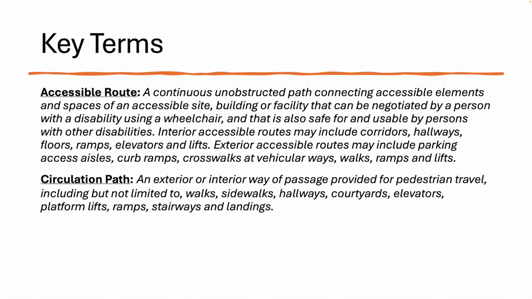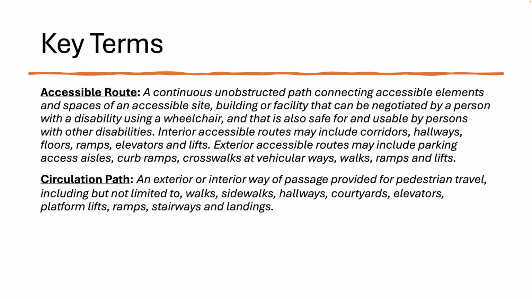The first major key term is an accessible route. An accessible route is a continuous, unobstructed path connecting accessible elements and spaces of an accessible site, building, or facility that can be negotiated by a person with a disability using a wheelchair, and that is also safe for and usable by persons with other disabilities. Interior accessible routes may include corridors, hallways, floors, ramps, elevators, and lifts.